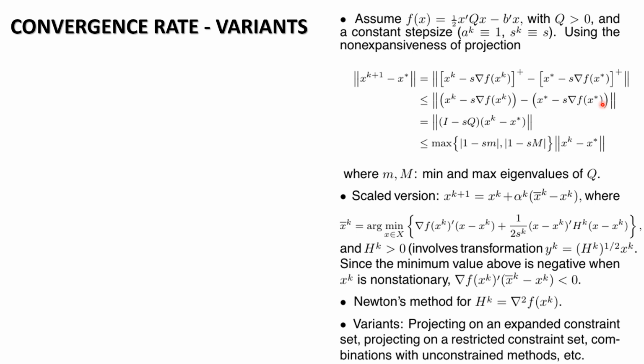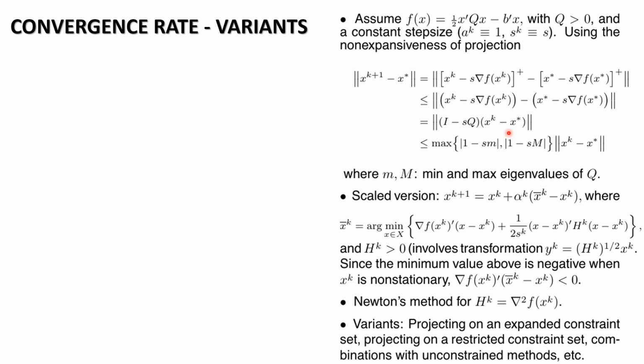Since the gradient of function f is Qx minus b, where Q is a positive matrix and b is a vector, we can get such a norm: the norm of identity matrix minus sQ multiplied by xk minus x star.